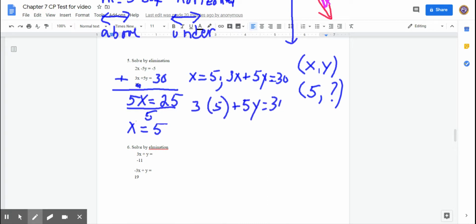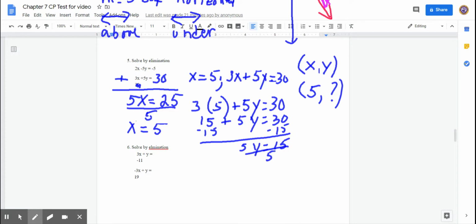Now if we look at that equation, we only have a y. So now we can solve for y, which means get y by itself. So subtract the 15, and you have 5y equals 15, divide by 5, and y equals 3.